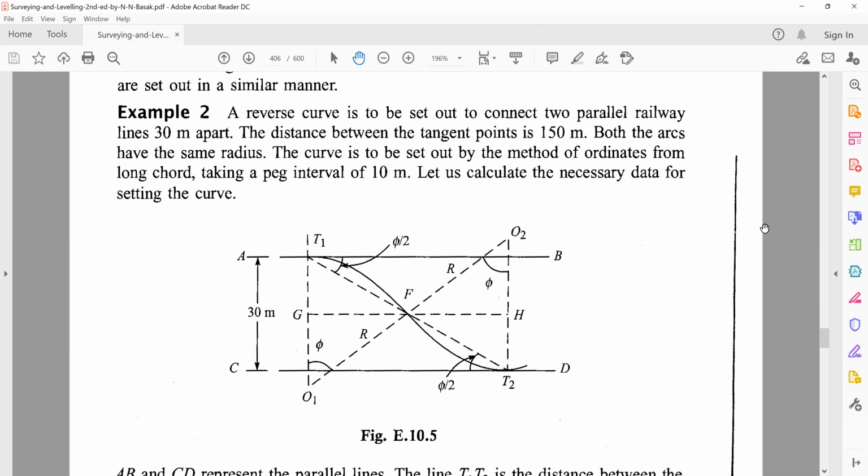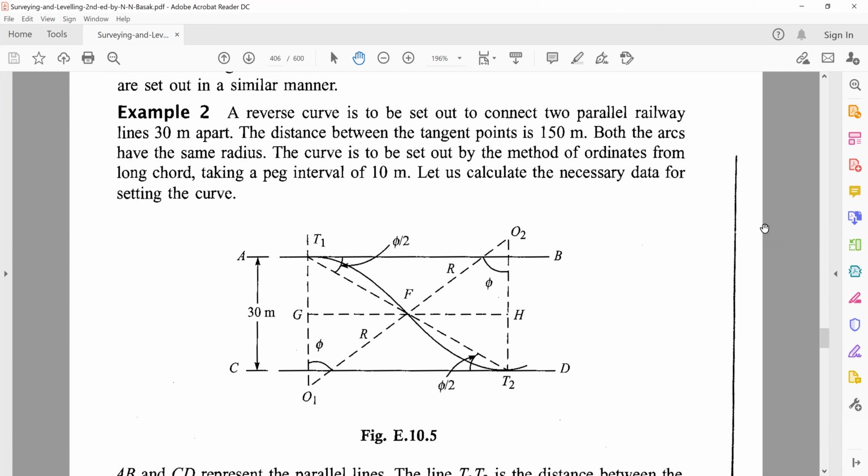The distance between the tangent points is 150 meters. So they have given you the distance T1T2, which is equal to 150 meters. Both the arcs have the same radius, so the deflection angle is also the same. And that means you can use all the relations that we have determined earlier.